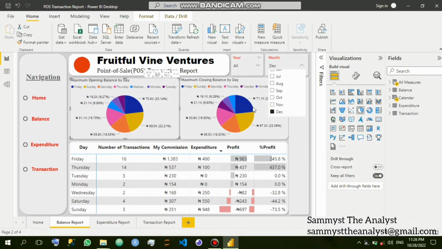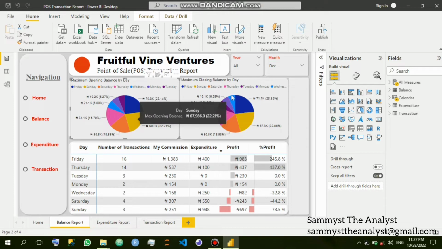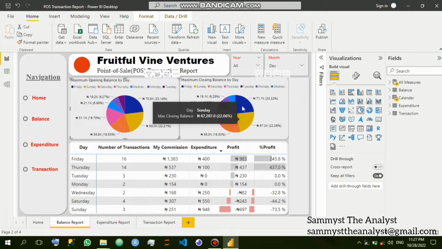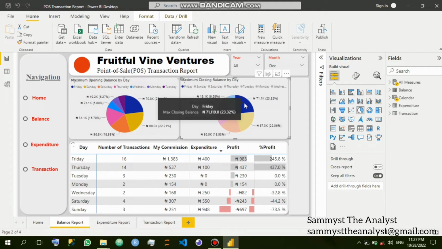Now in the month of December, we have the maximum opening balance by day, and also the maximum closing balance by day. So the highest was on this day, on the Friday, and also the maximum opening balance was on the Friday, as you can see here.